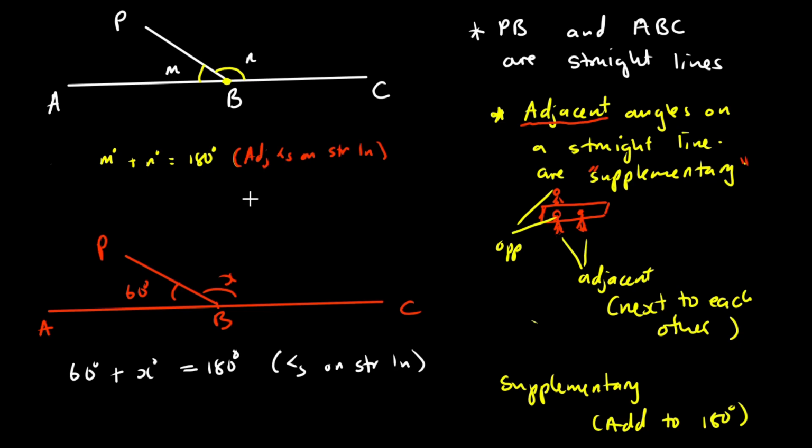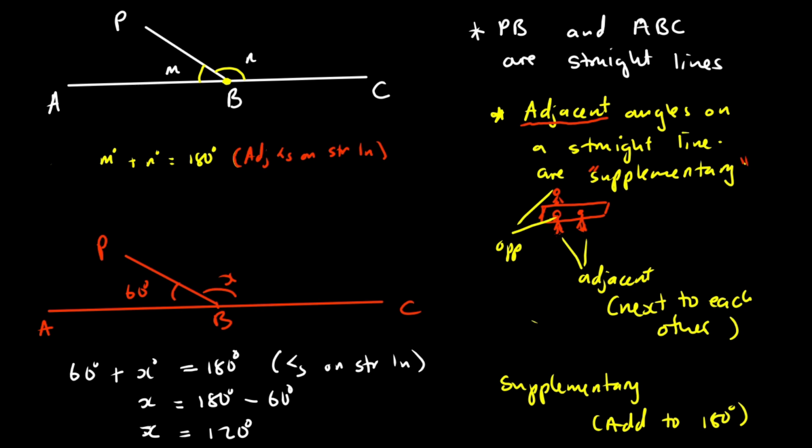You see here I dropped the adjacent because if you just write angles on a straight line, we understand what you're talking about. Remember, I need to keep my x, so I need to remove everything that doesn't have anything to do with x. That's x is equal to 180 degrees, subtract 60 degrees, and x is equal to 120 degrees.